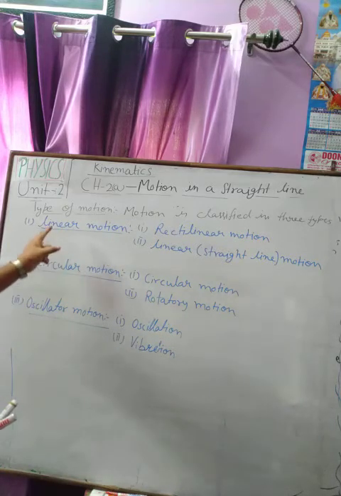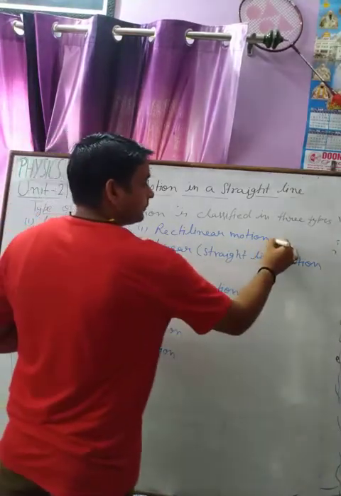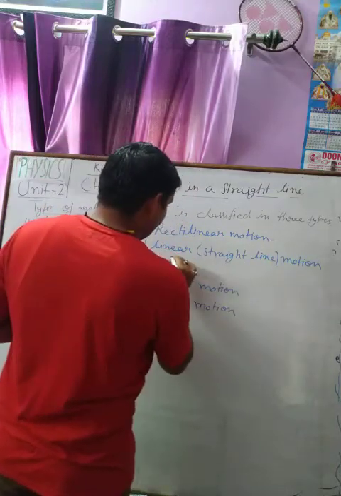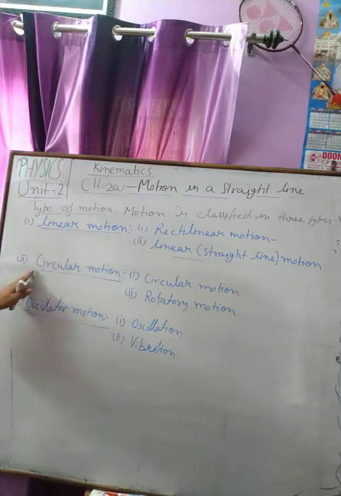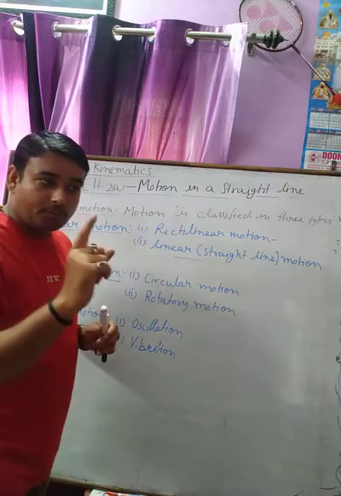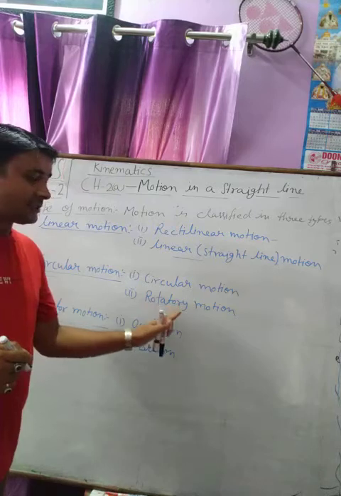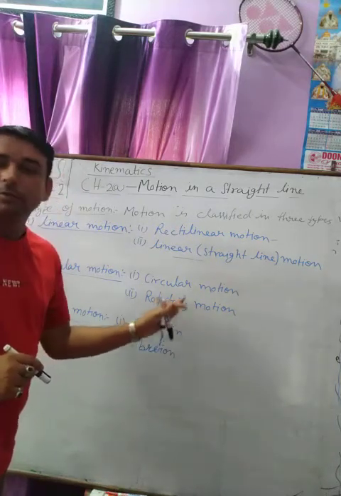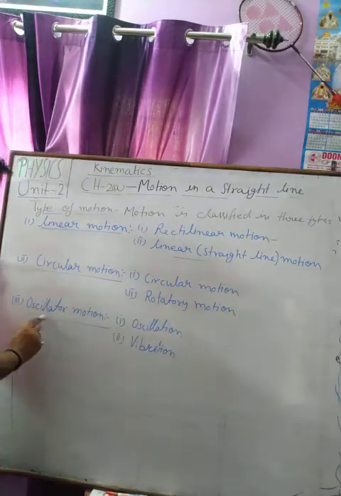This is how motion is categorized. First is rectilinear motion, student, when a point is moving in a straight line, and linear motion when a system of particles is moving in a straight line. Circular motion is when the point is moving around a fixed point, and rotatory motion is when a system is moving around a fixed point, for example the motion of a fan.